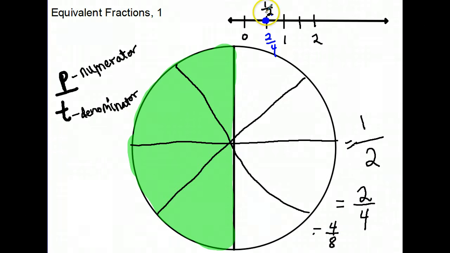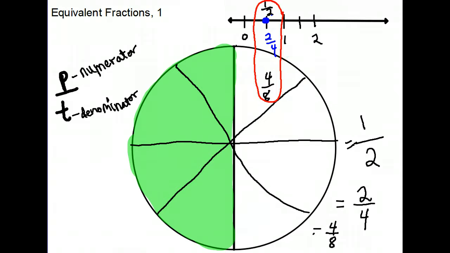So another way of saying 1/2 would be 2/4 or 4/8. All of these values are equivalent, in the same way that all of these fractions are just ways of cutting this half-cut pie into more pieces.